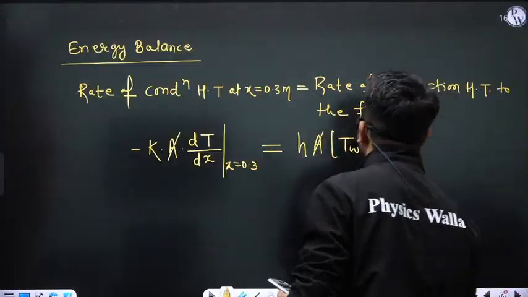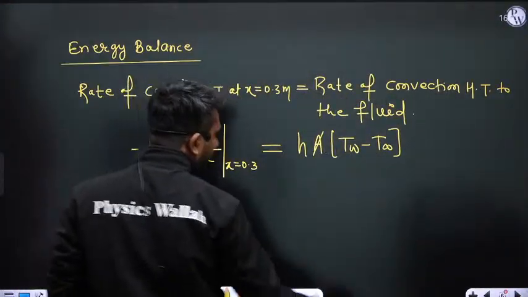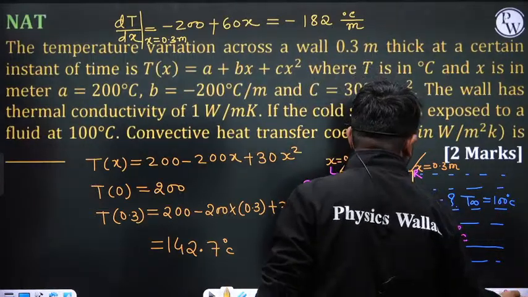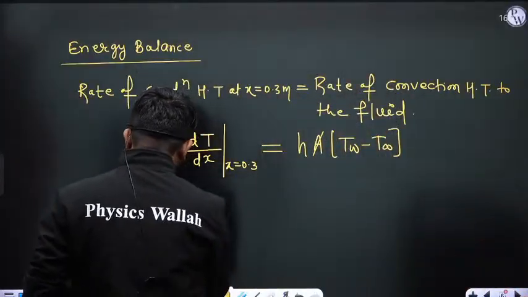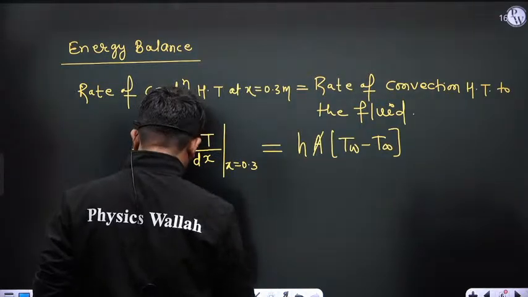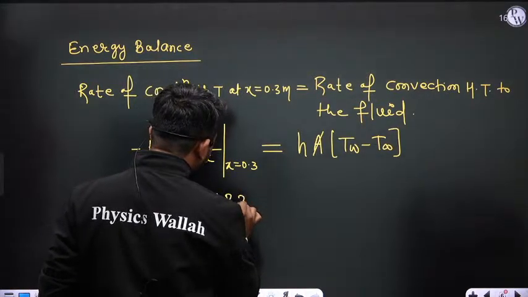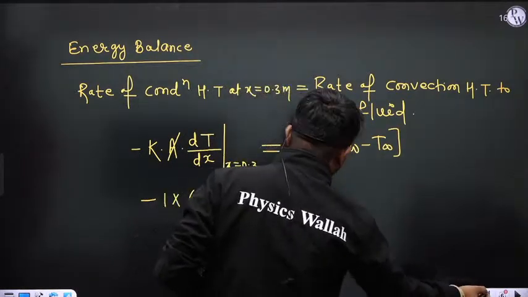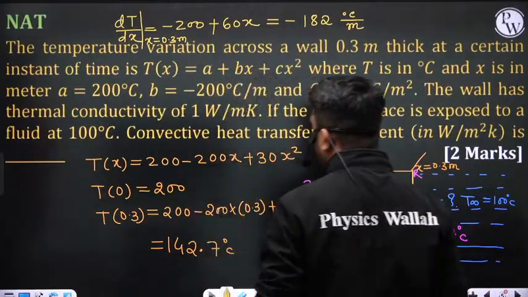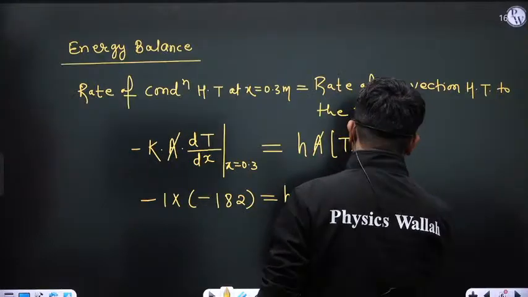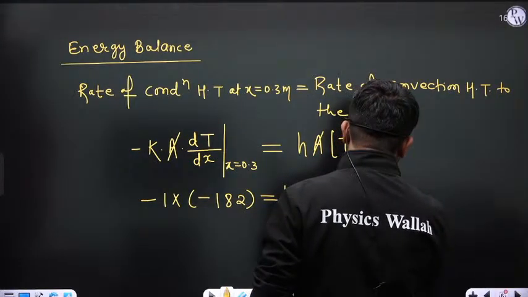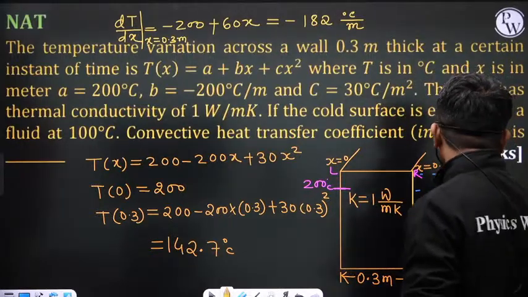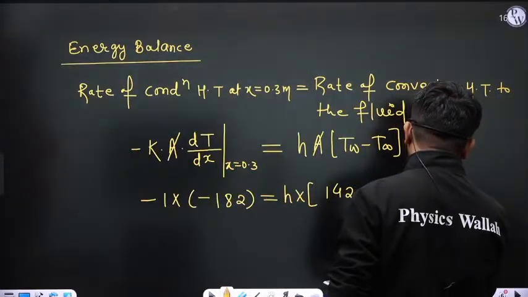Now see here, this is k. Thermal conductivity is given in the problem as 1 watt per meter Kelvin. So this is 1 into minus 182, equal to h into Tw. The value of Tw is 142.7 minus T infinity, which is given as 100 degrees Celsius.